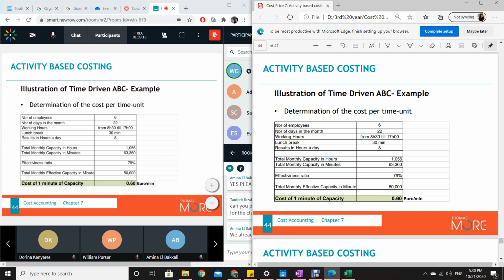This means that there is a monthly effective capacity of 50,000 minutes. There are 50,000 minutes available, and the total cost is 30,000. So this means that every minute of capacity costs 0.6 euro per minute. Is this clear for all of you? It's a very simple calculation.